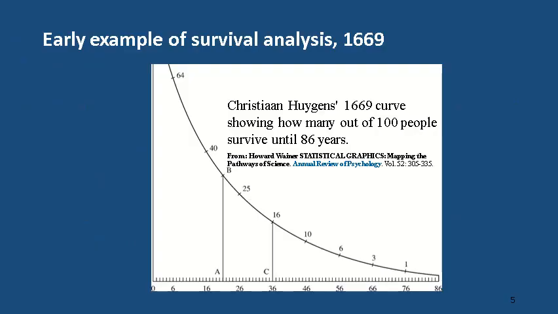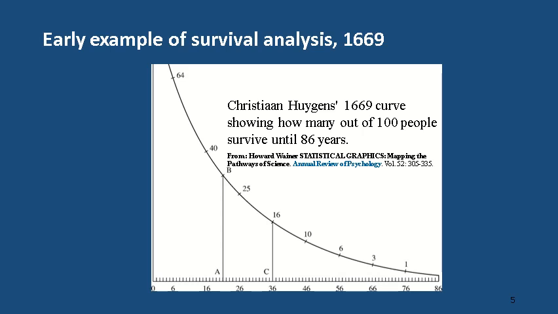Let us go through an example of survival analysis. It is one of the earliest examples, in 1669. Christian Huygens plotted a curve of 100 people up to 86 years of age, showing how many people survived after each year.